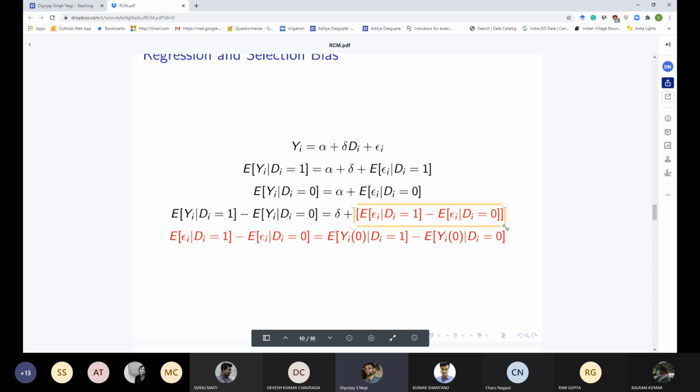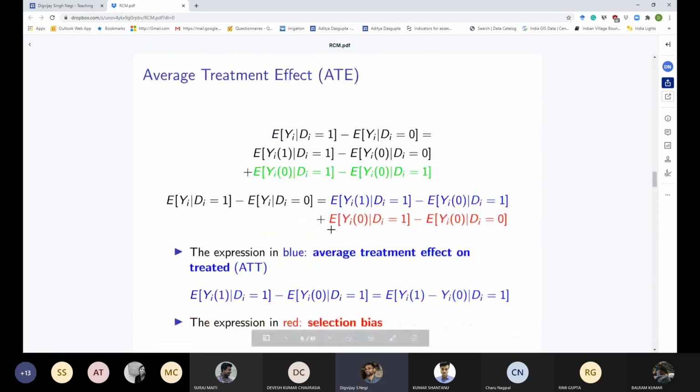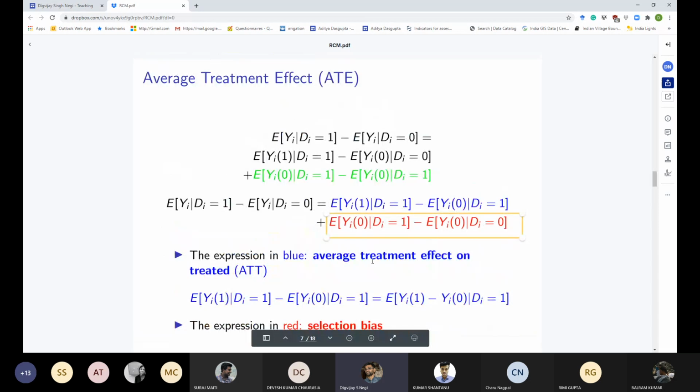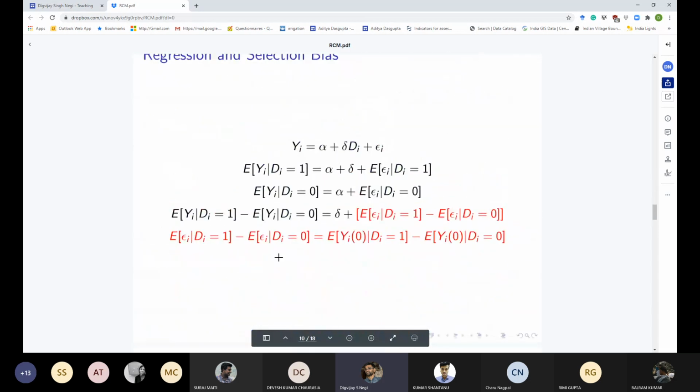Now this red object is the selection bias. Here in this case with regressions, this red object is the selection bias, and it is exactly equal to what we saw in the previous slide. So under this very simple framework, this object is this.